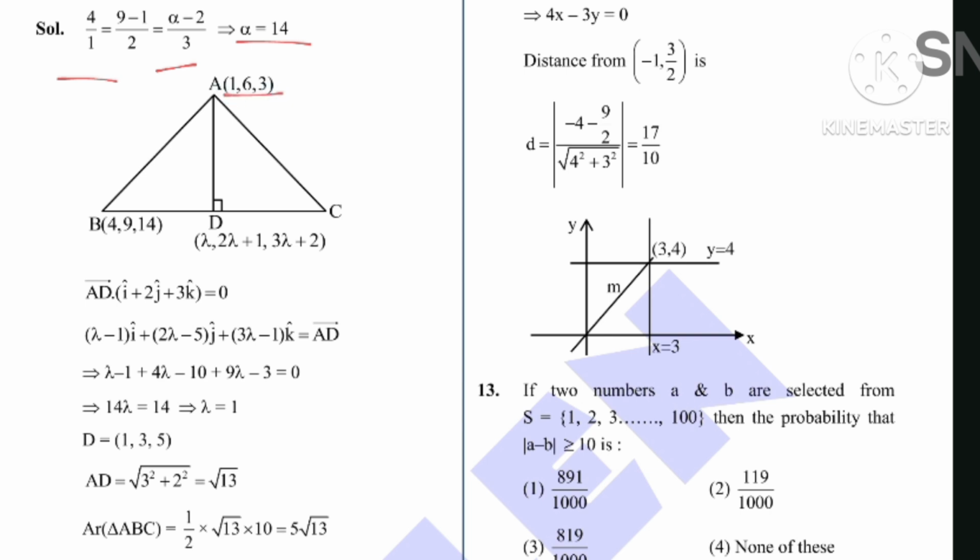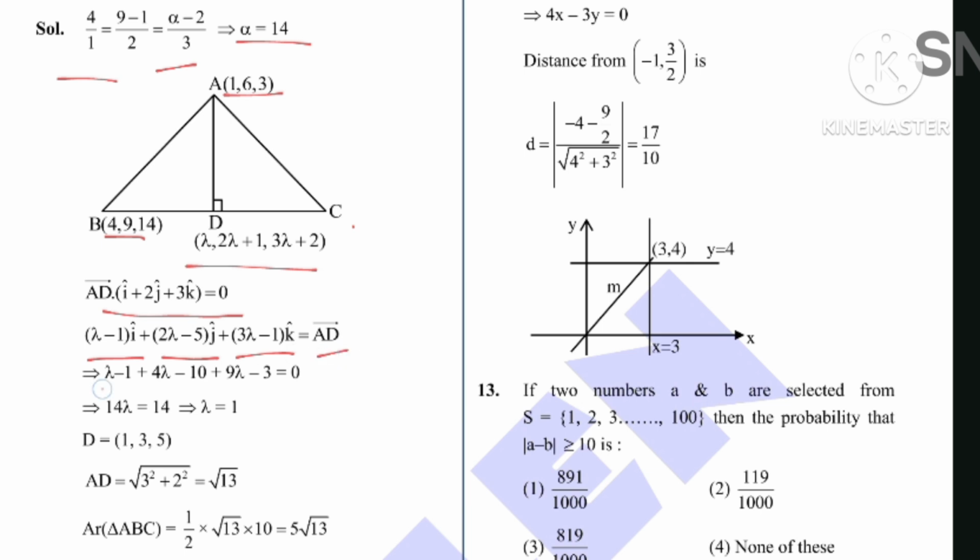Now this is A point, this is B point, this is C. So D point is (lambda, 2 lambda plus 1, 3 lambda plus 2). So AD is perpendicular to BC; AD dot (i plus 2j plus 3k) is equal to 0. Now for perpendicular, the dot product: (lambda minus 1) into i plus (2 lambda plus 5) into j plus (3 lambda minus 1) into k, that is AD.